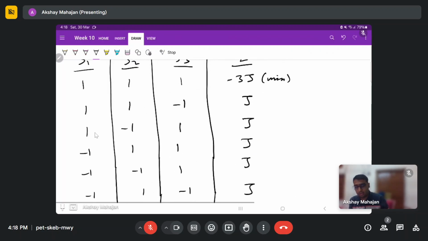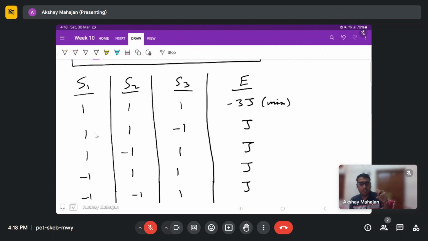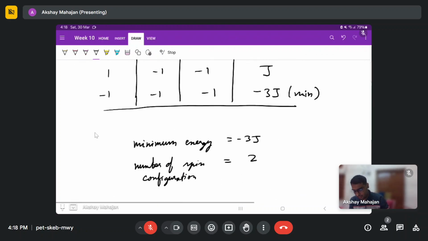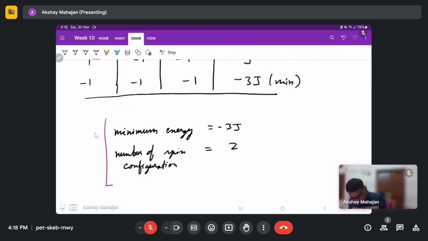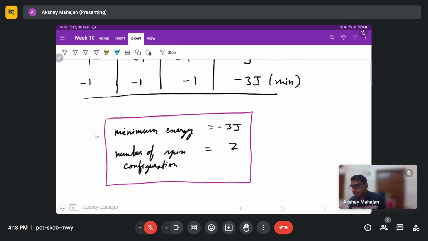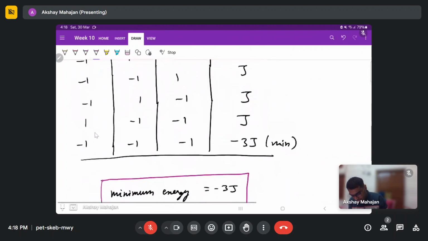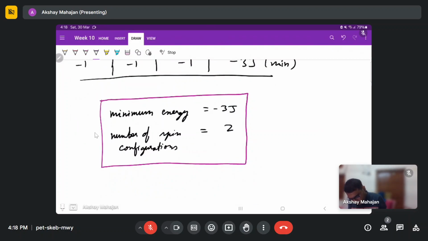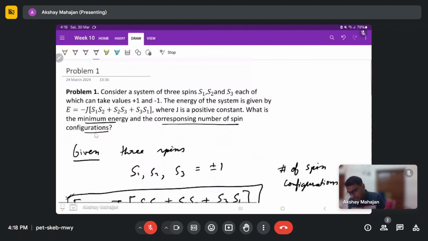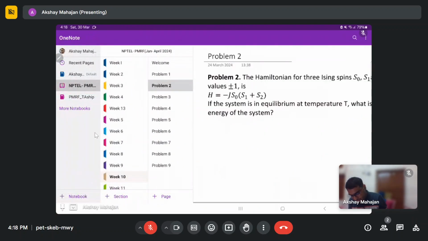One case will be when all the spins have the value plus 1 and the other when all the spins have the value minus 1. Alright, so this is our answer. Alright, let's move on to problem number 2 then.